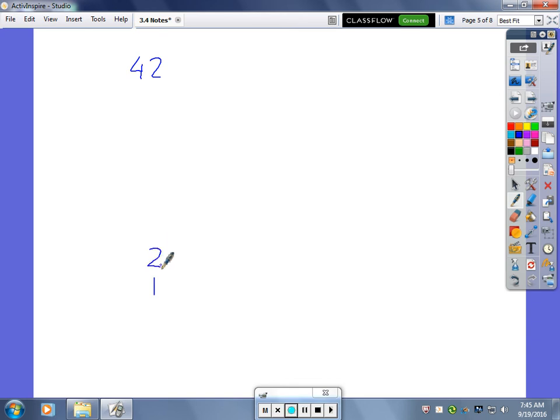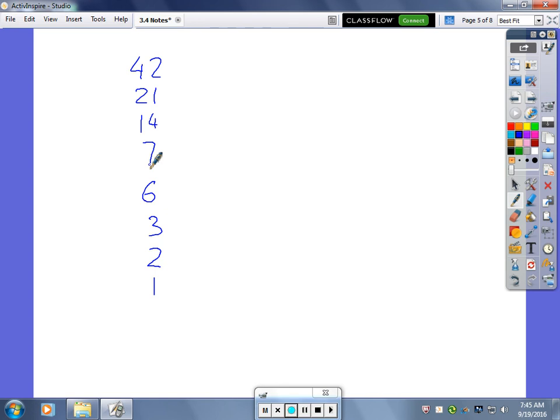We get 2, and 2 goes into 42 21 times. Then we have 3. 3 also goes into 42 14 times. 4 doesn't go, 5 doesn't go, 6 again goes into 42, and 6 goes into 42 7 times.